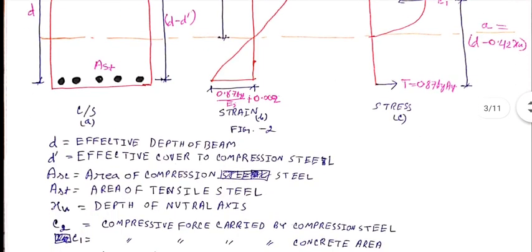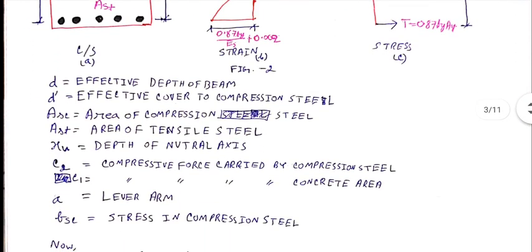So these terms are already written here. The other term I told you that I will discuss here, Fsc, that is F suffix SC, equals stress in compression steel. So Fsc, the important term here, equals stress in compression steel.